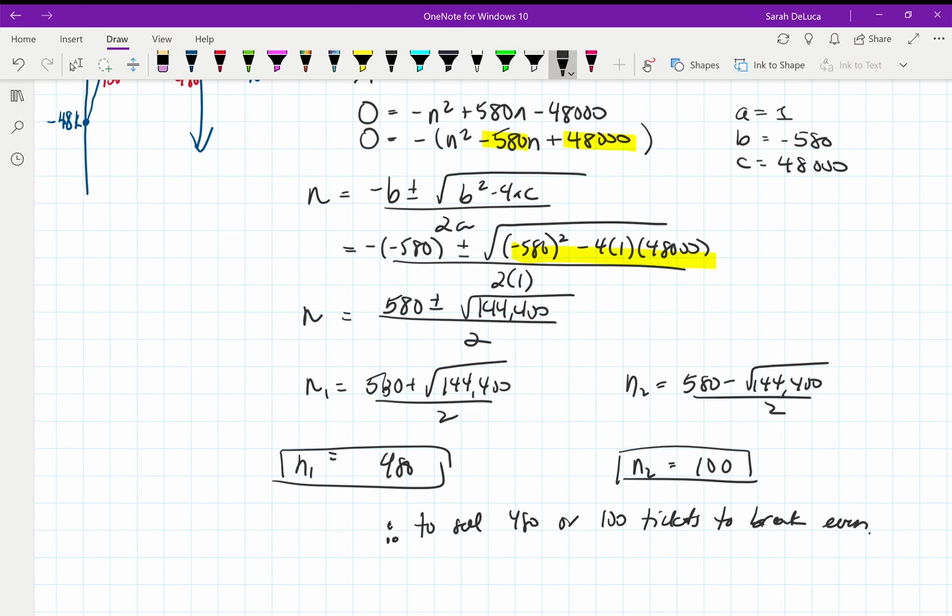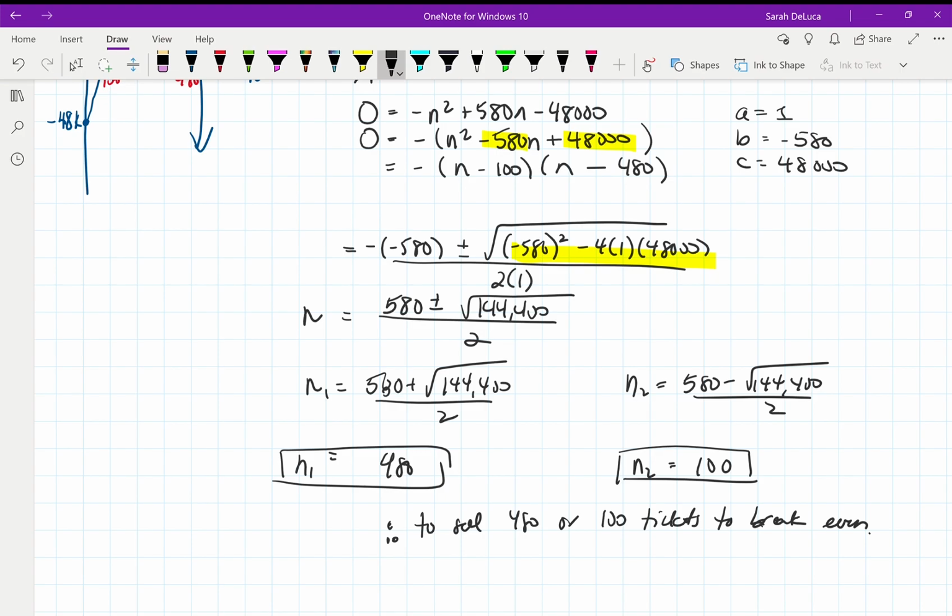And I could have come up with this by factoring. If I went back to this step, I know that two numbers that multiply to give 48,000 are 480 and 100. If I make them both negative, negative 480 plus negative 100 is negative 580, and that's positive 48,000.